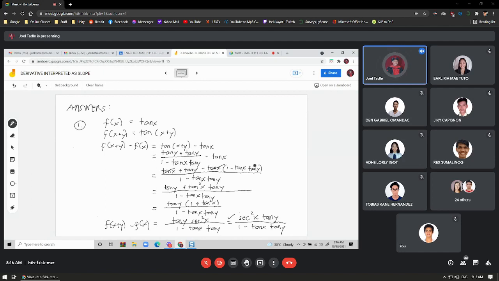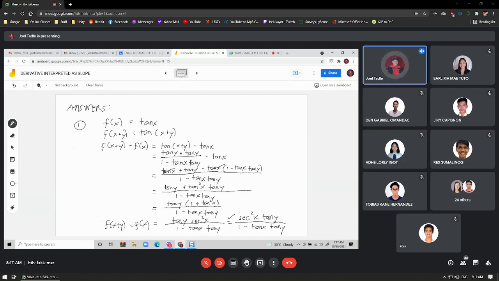Then we get the least common denominator. So this is our LCD, 1 minus tangent x tangent y. So the numerator part has the expression tangent x plus tangent y minus tangent x multiplied by the LCD, the least common denominator. Then we distribute the negative tangent x to the parentheses.